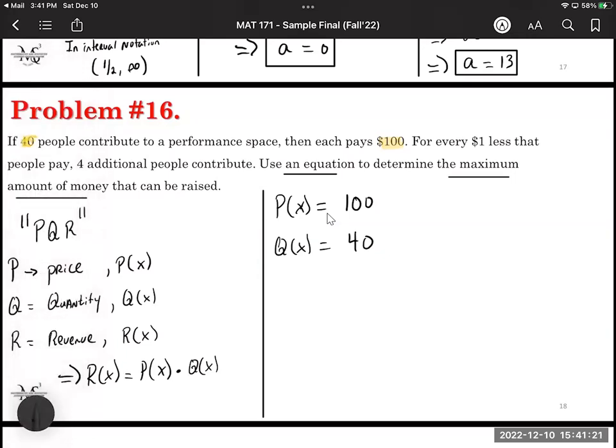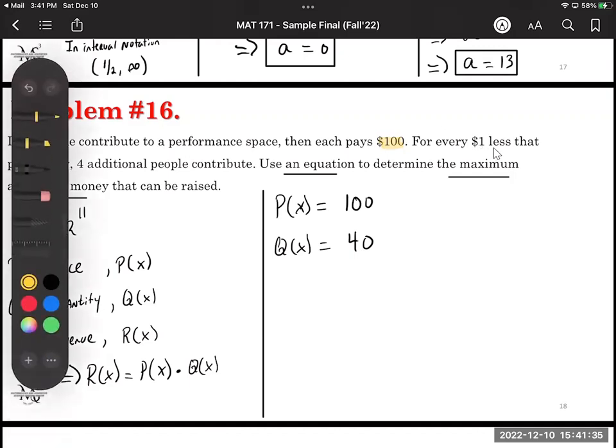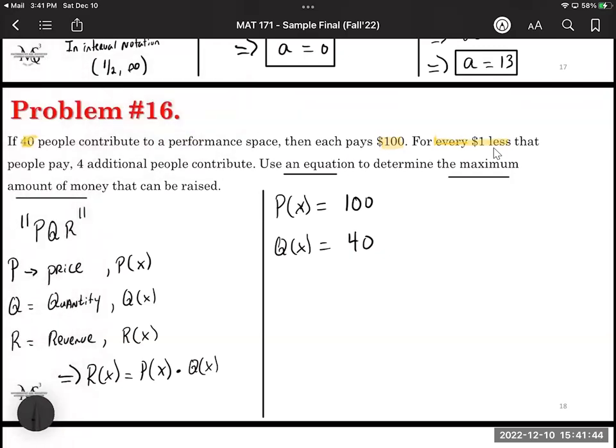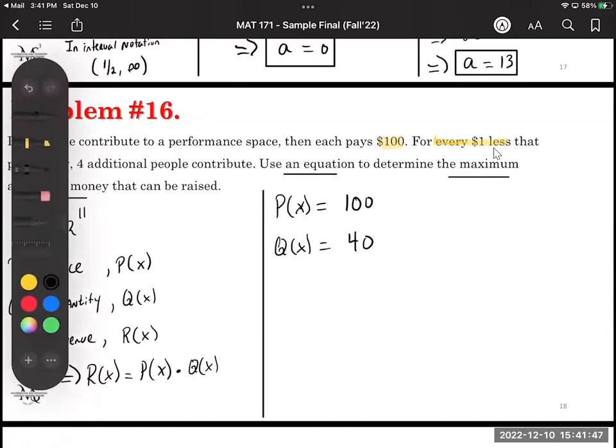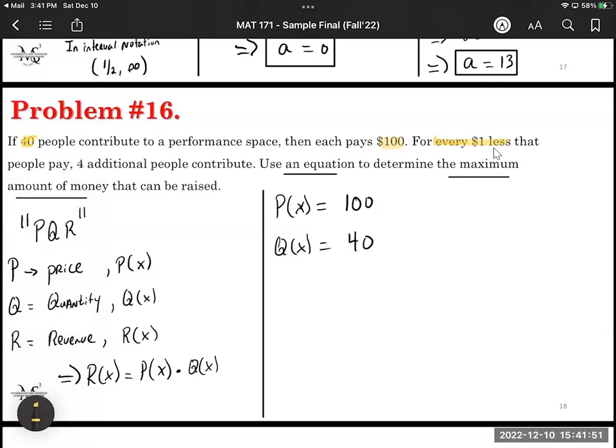Now, if those were the only two numbers in this problem, then the revenue would have just been 100 times 40. But that's not the case here, because it states for every $1 less that people pay, 4 additional people contribute to the performance space.